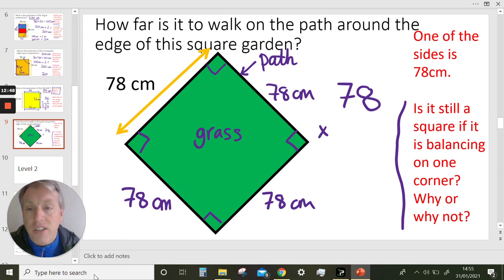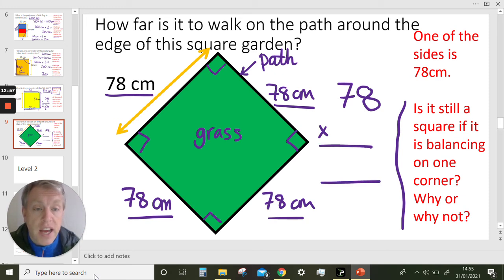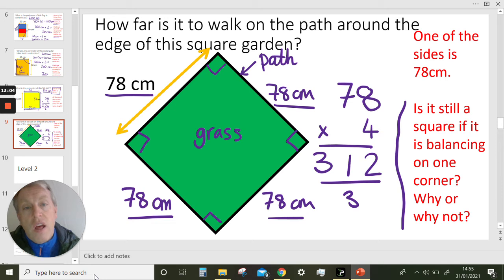How many 78s? 1, 2, 3, 4, because there are 4 sides. 78 times 4, 8 times 4 is 32. 7 times 4 is 28. Add on 3. 312. Oh, I should have written metres. There we are. Never mind. Well, that's a small garden, isn't it? Silly me. Okay.